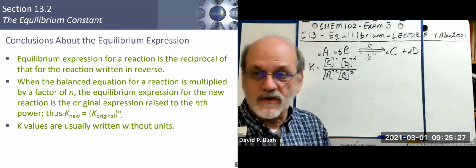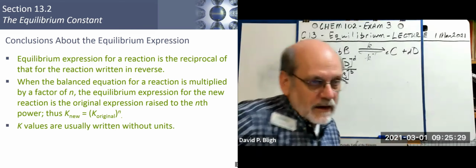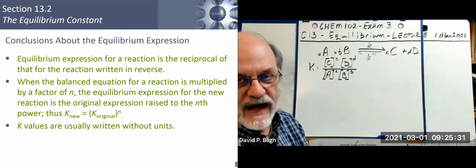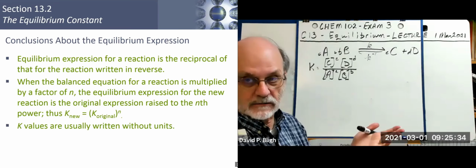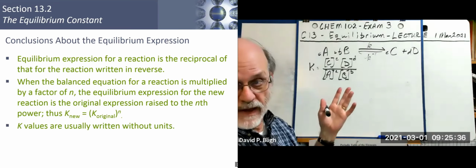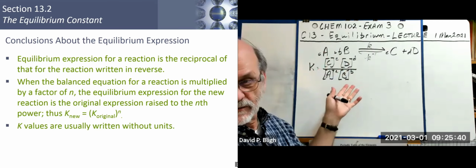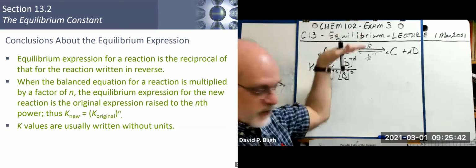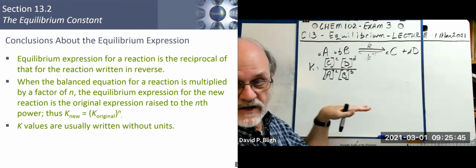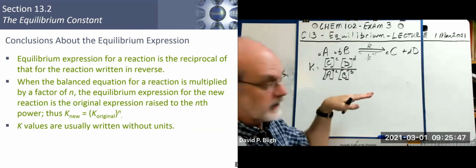Suppose in this process where you're adding equations, you have to multiply your equation by a factor. Maybe you need 2 A's, you only have 1, but you need 2 to end up with the equation at the end that's the desired one.